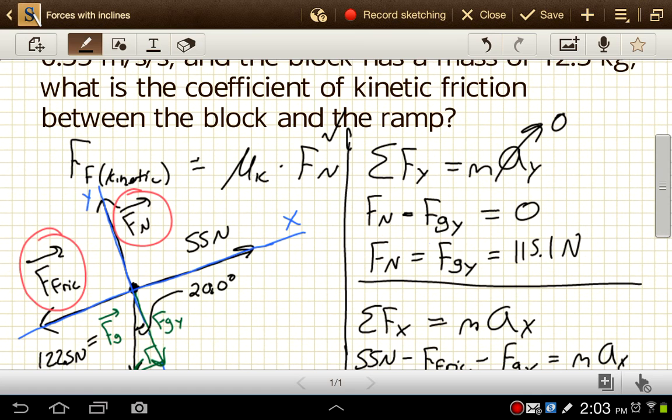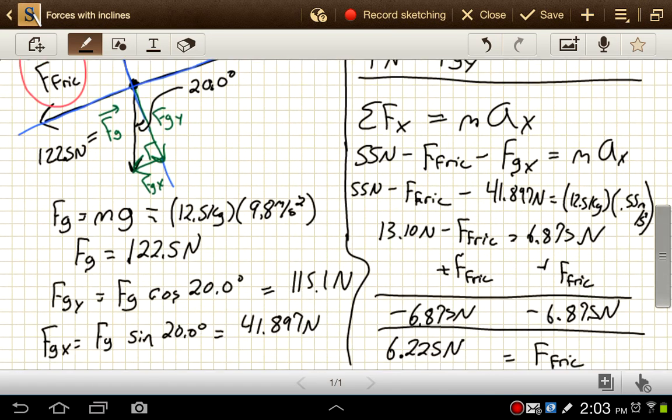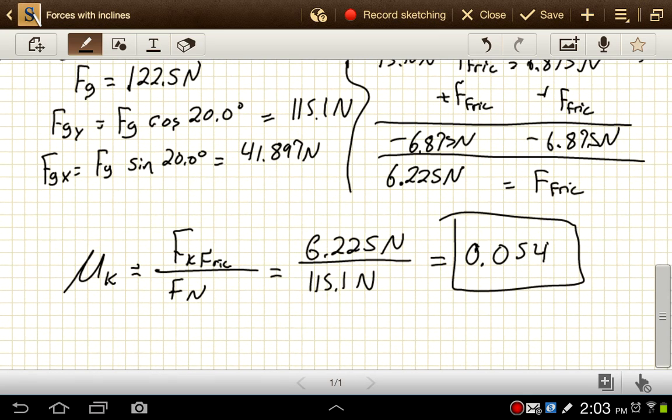Before I can solve it, I knew I needed to find the normal force and the frictional force. We're always going to be dealing with forces in these problems in this chapter, so free body diagrams are always a good idea. That helps me to see that normal force is in the y direction, frictional force is in the x. Then I knew I had to do my Newton's second law equations in both directions to solve those to get to my ultimate answer here.